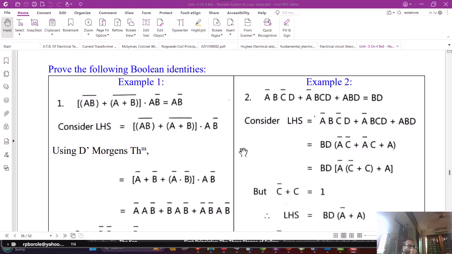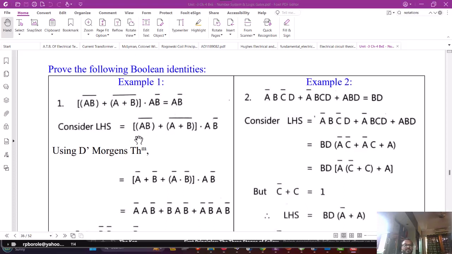Now another example, if you take (AB bar) or (A or B bar), this is in brackets, and AB bar is equal to AB bar.